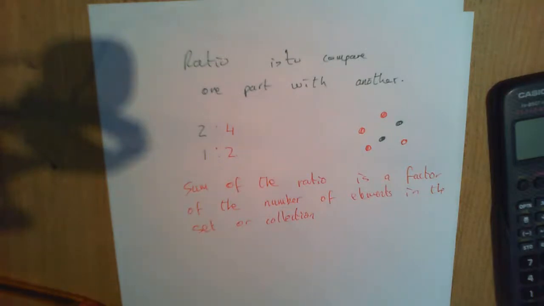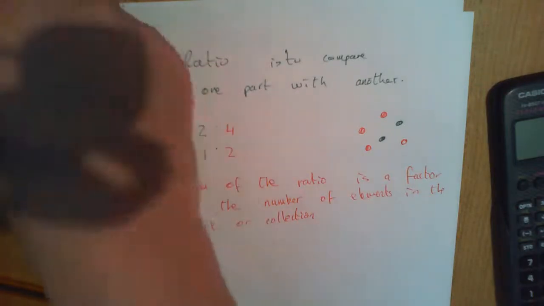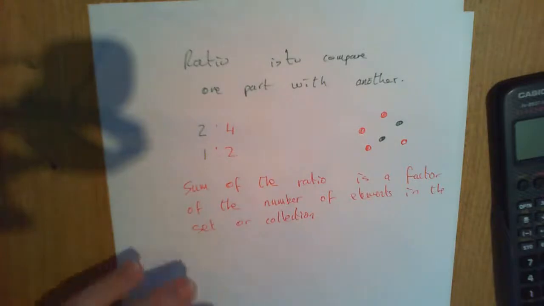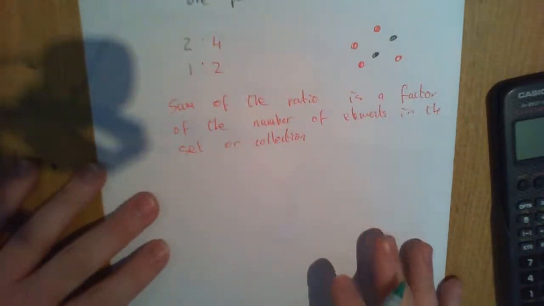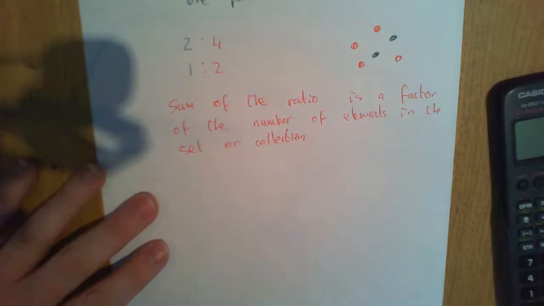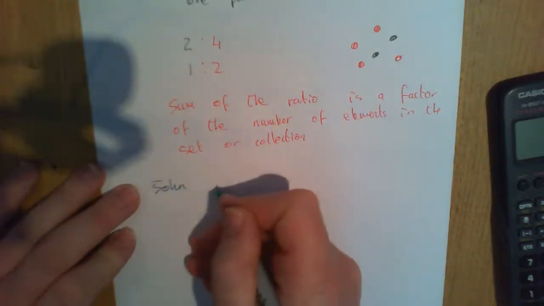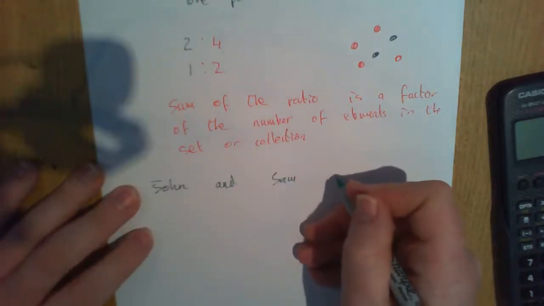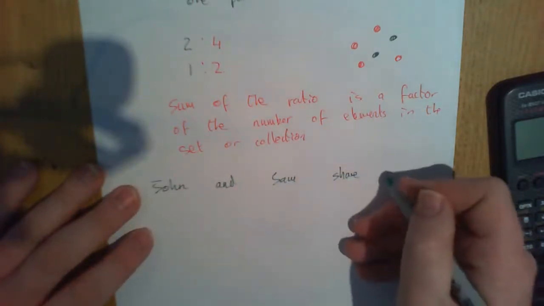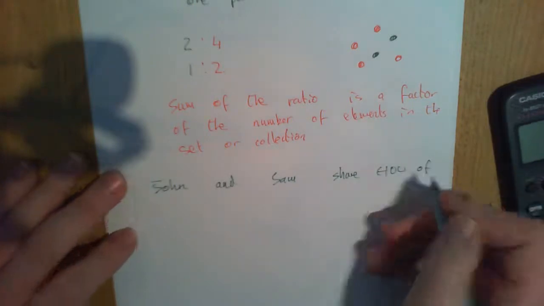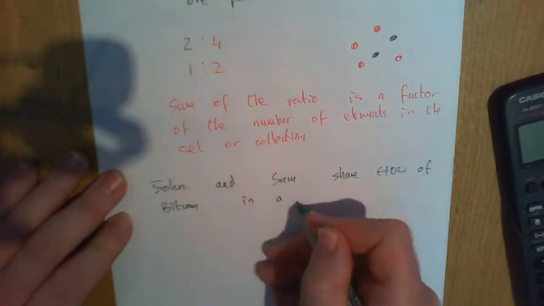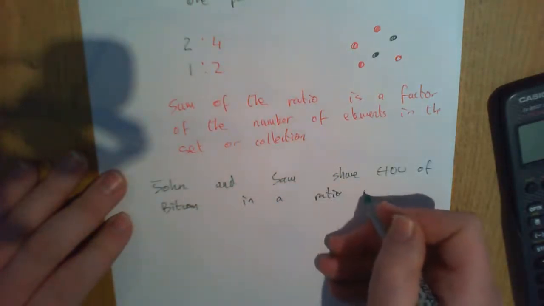Like anything else, this is all about how we're going to use them. So the beauty of ratios is you can turn them into what's called proportions. So just to give you an example. John and Sam share €100 of Bitcoin in a ratio of 2:3.